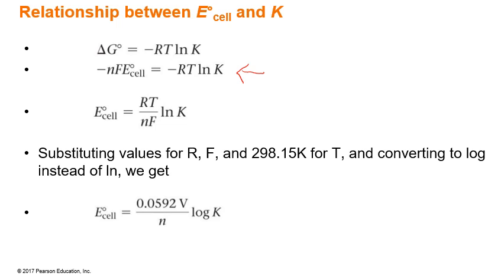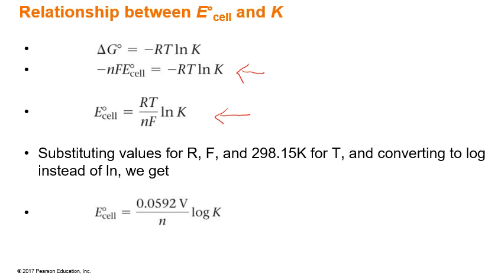And rearranging our equation, we end up with the ideal gas constant times temperature divided by number of moles of electrons times Faraday's constant, all of that times the natural log of our equilibrium constant.